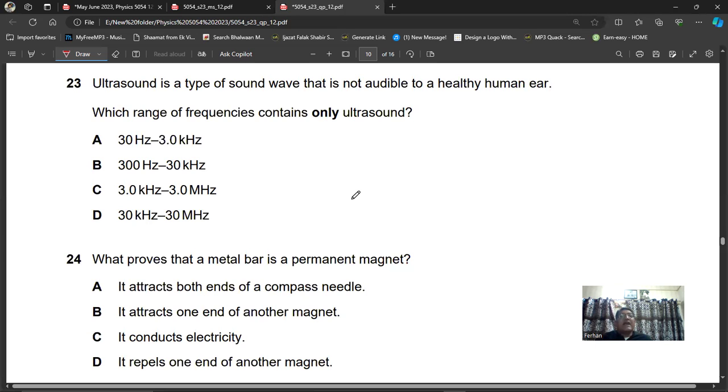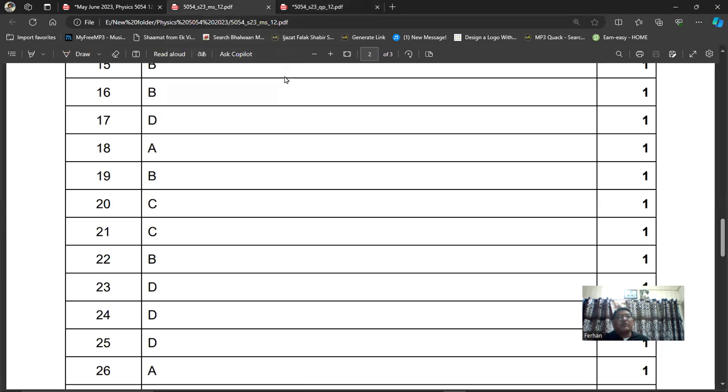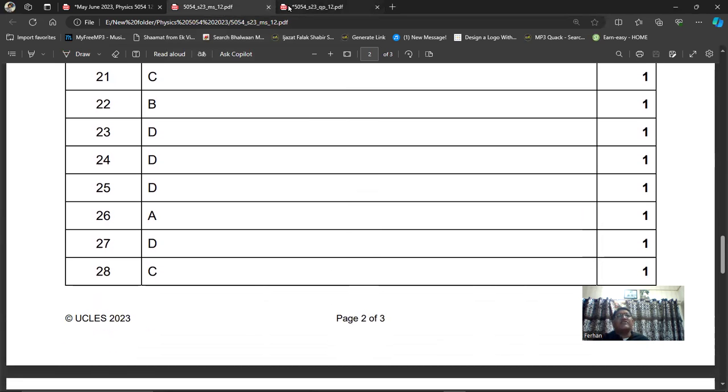So the right option, I think, will be D because it has 30 kilohertz to 30 megahertz. So that is ultrasound. D, question number 23. D is the right option, sir.